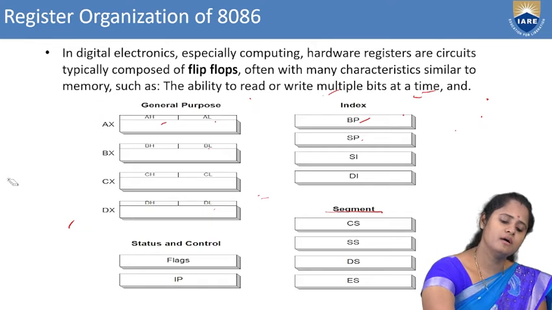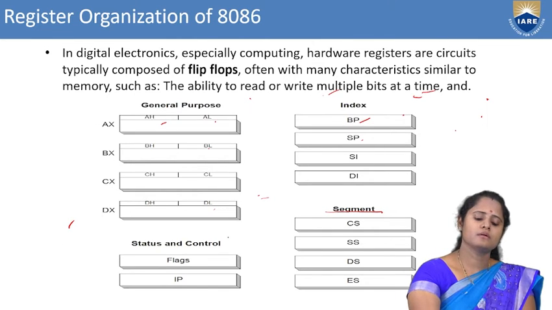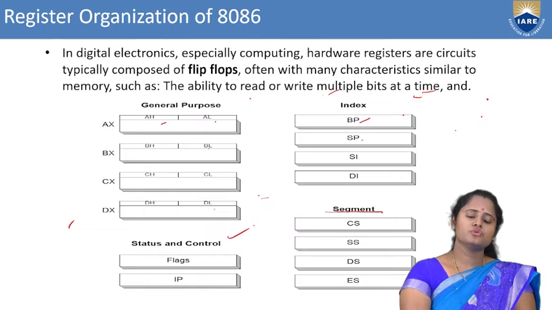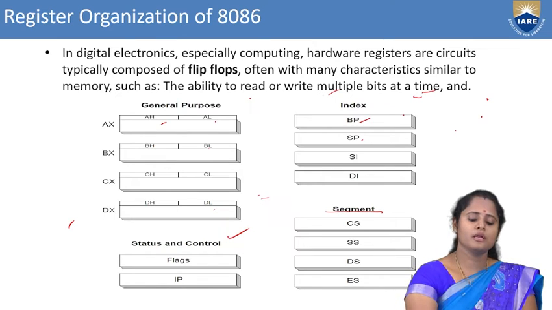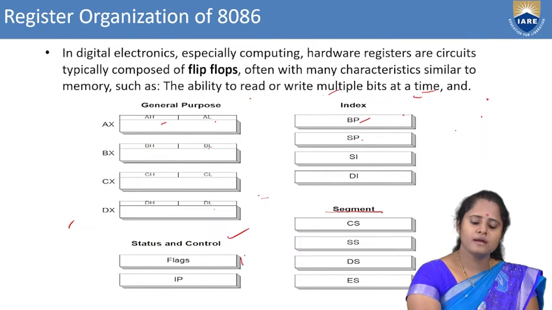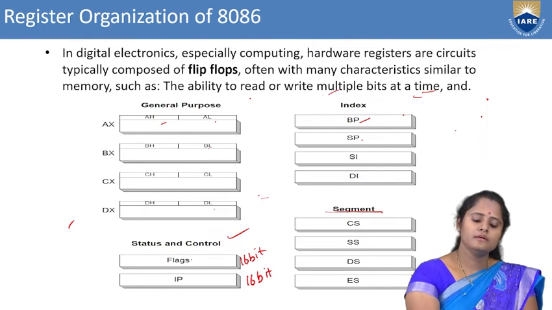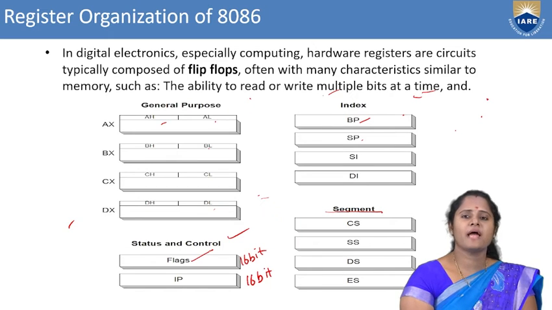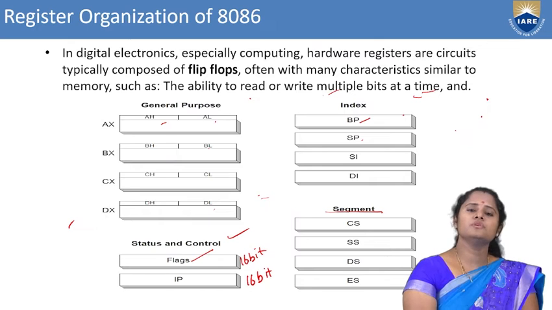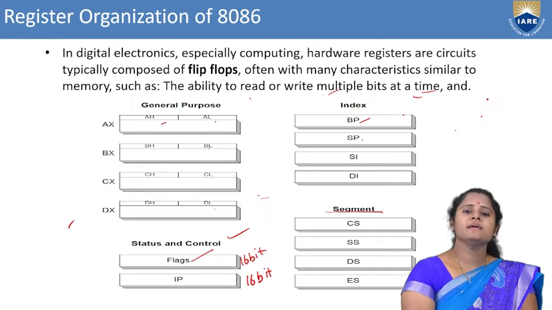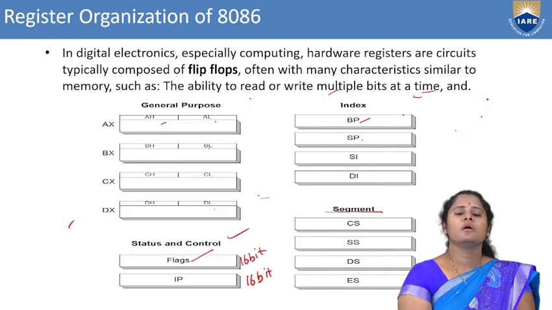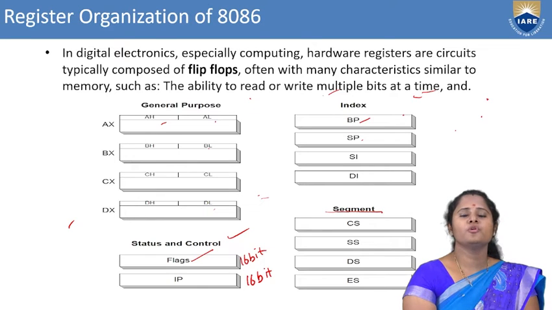Next registers are status and control. Both are 16-bit, and first you have a 16-bit flag register. So what is the use of a flag? Flag is nothing but a way to show you the output status of our CPU.